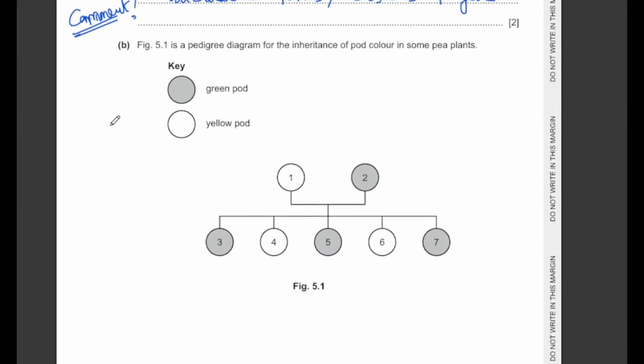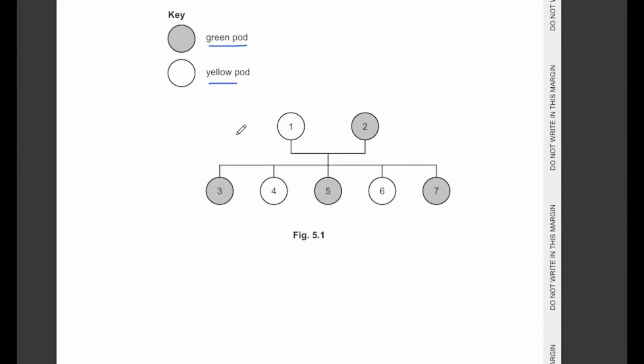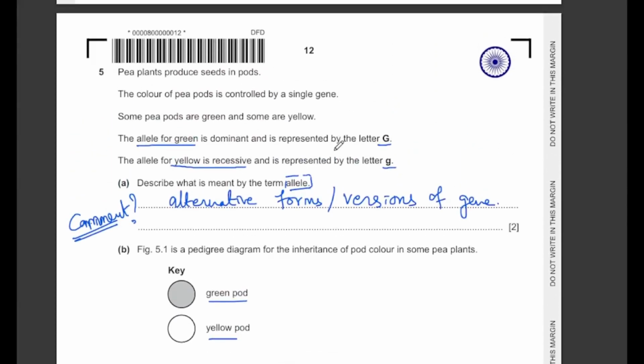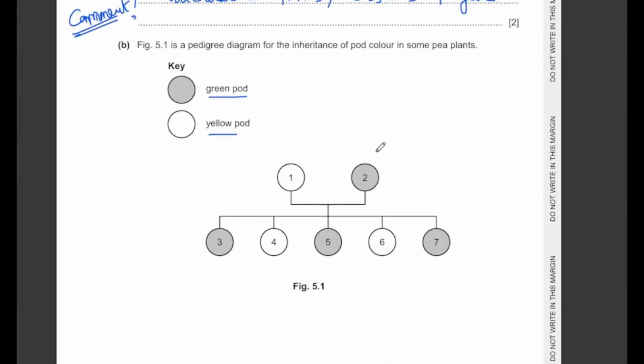Figure 5.1 is a pedigree diagram for the inheritance of pod color in some pea plants. Green is represented by a dark circle and yellow is white. Now this is a pedigree diagram and we know green is actually dominant. So you can write it in either this format or this one. Yellow, just as an example of how we can do this.